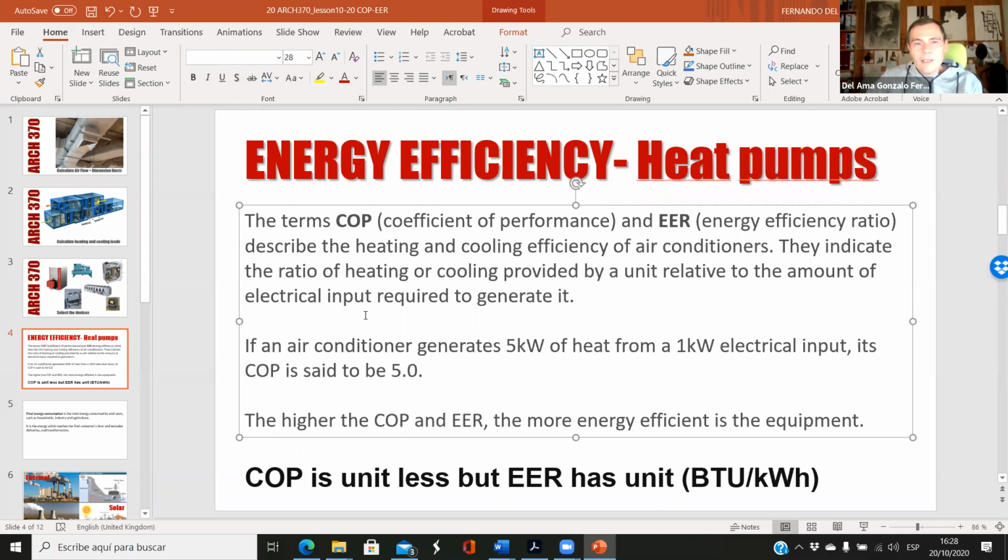Okay, so what does it mean? We analyze the heating or cooling load that this device is providing, divided by the amount of electrical input required to generate it.